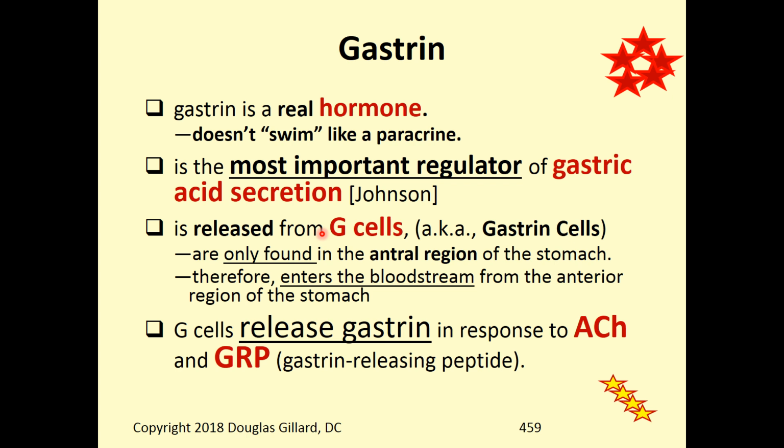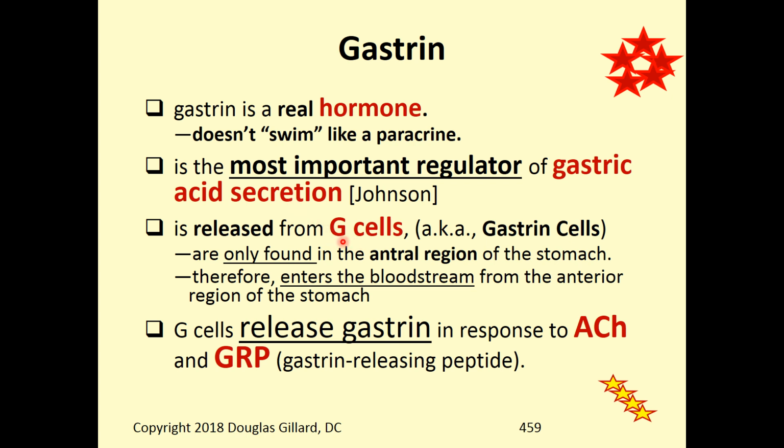Gastrin is not a paracrine swimmer. It has to swim a little bit, but it travels through the bloodstream, so it's a hormone. It can travel great distances. It's the most important regulator of gastric acid secretion, period. So that's a good point there, lots of stars. Gastrin is released by G cells.